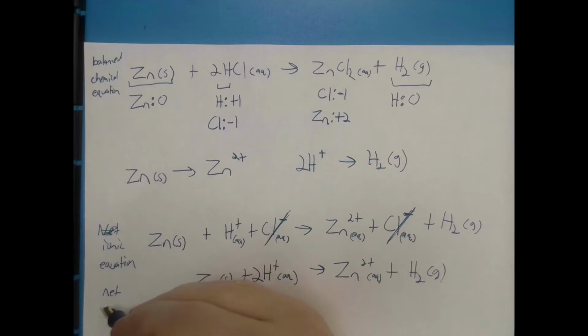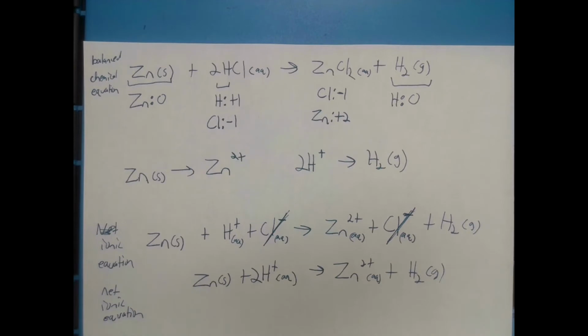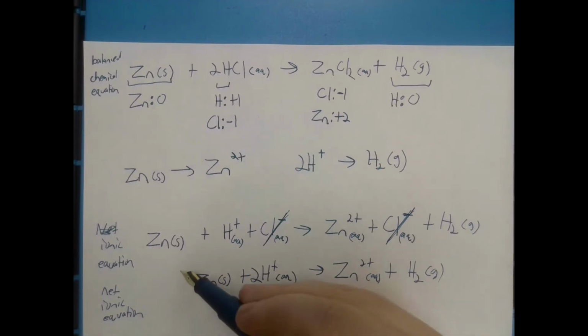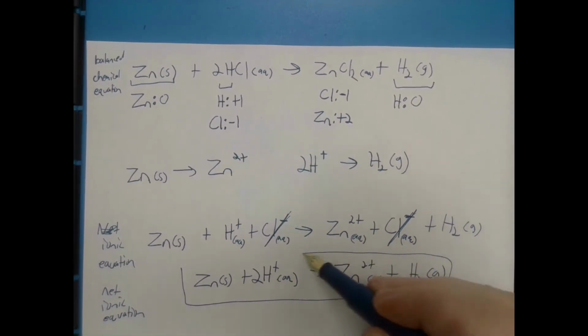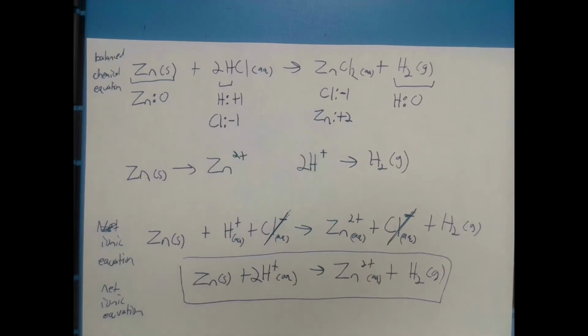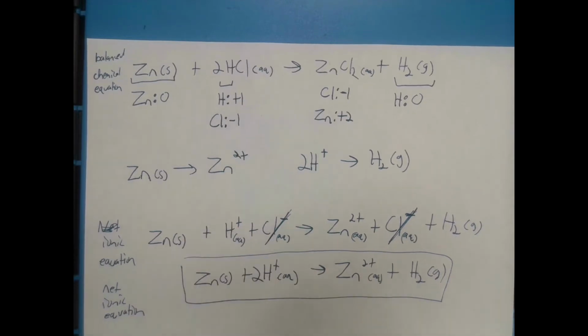This would be the net ionic equation. In net ionic equation form, it is very obvious what our reduction and oxidation is. We see zinc going to 2 plus, and we see hydrogen going from H plus to H2.